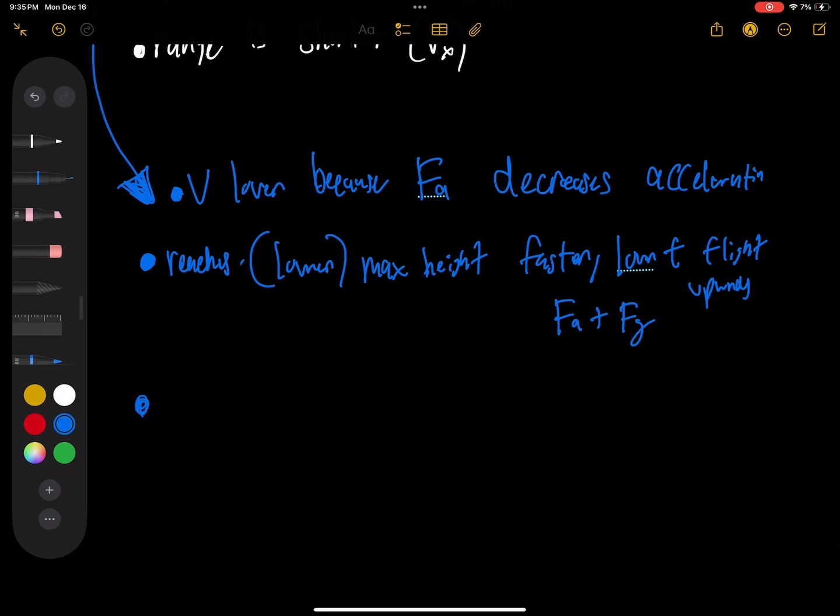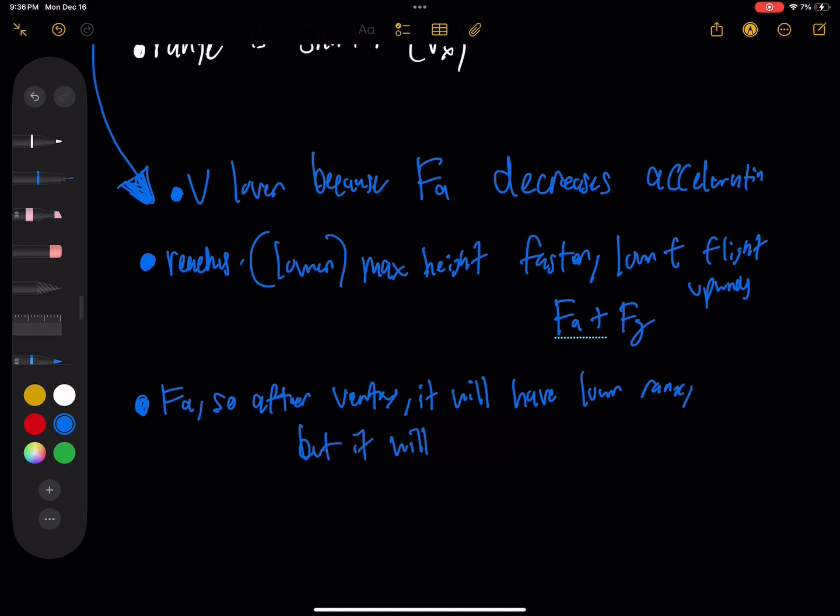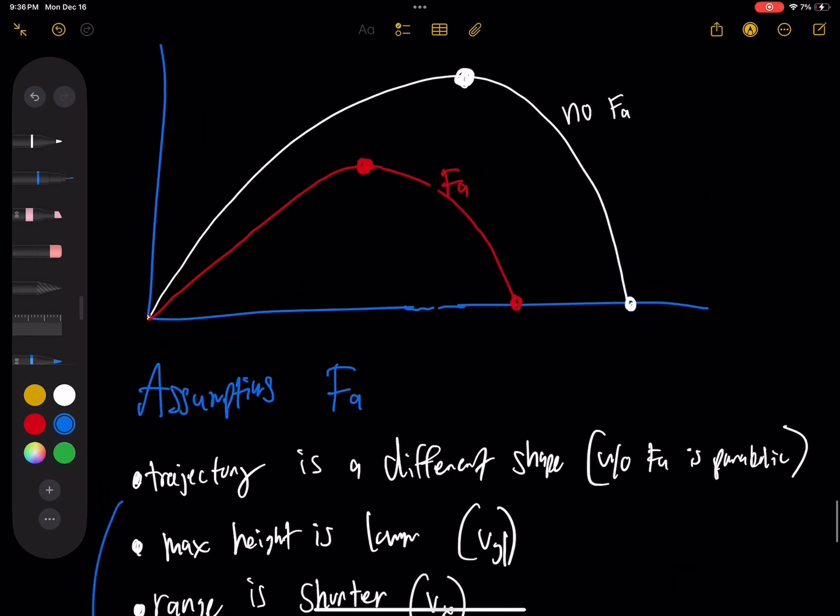And then the object is going to be experiencing FA. So after it reaches the vertex, it will have a lower range. But it will reach the lowest part here.